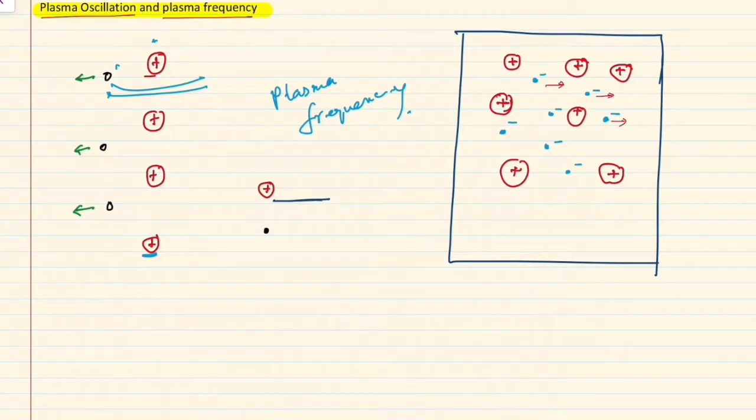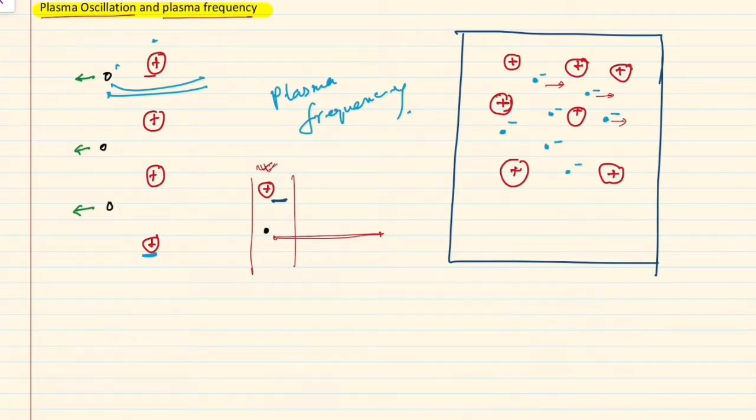Then at the same time the displacement of the electron, let me represent that by the red lines. Okay. So comparatively we can consider these ions are steady.